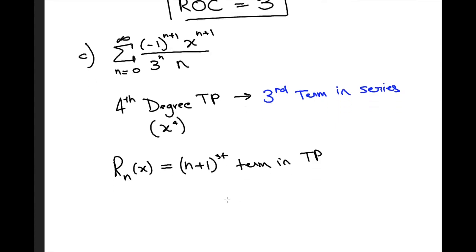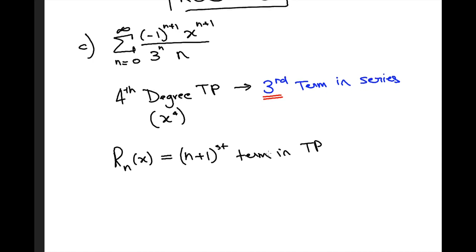Okay. So now we know that we are looking at a thing with 3 terms, right? So therefore, we want to find the fourth term. So if we look at this for our case, our R4 of x is going to be the fourth term in the Taylor polynomial.